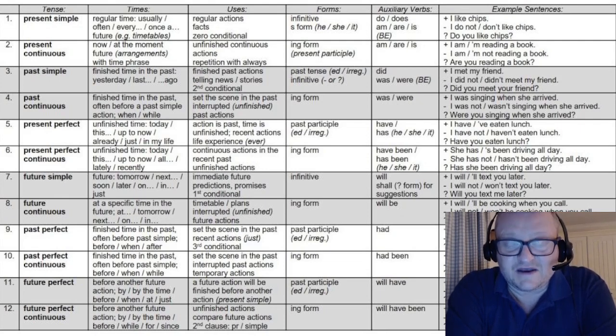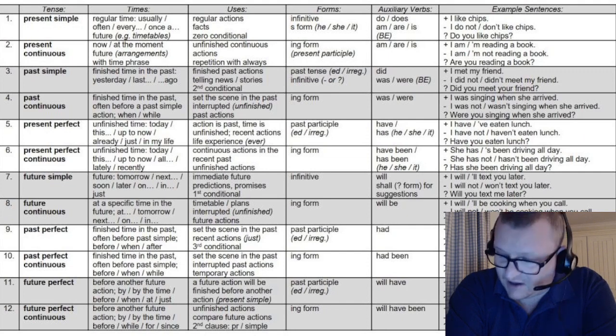We're using did for every verb except, you guessed it, be. With be, we're using was, were. And past simple works with past continuous. Often we use past continuous first.